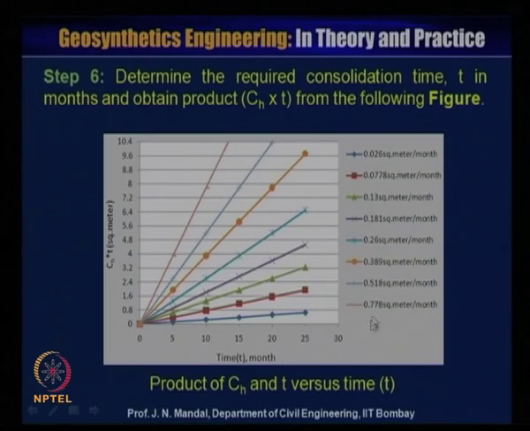The defined values of Ch are given here, 0.026 square meter per month up to 0.778 square meter per month. Knowing that time and this ratio, you can calculate Ch into t from this chart.